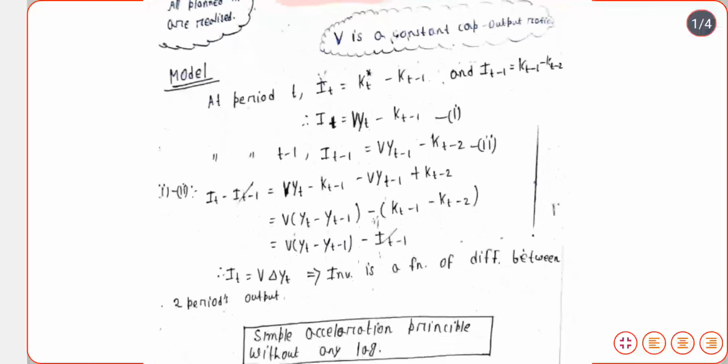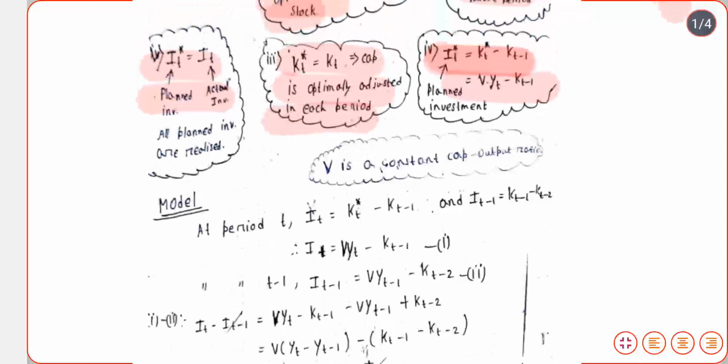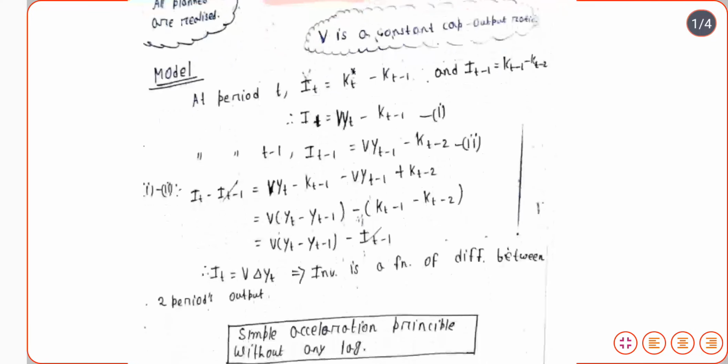Now suppose that we are at period t. Please remember this third assumption. This assumption is very important, because it will help us go from the simple acceleration principle to the flexible acceleration principle. At period t, our investment is the difference between the capital of the present period and the capital of the previous period.